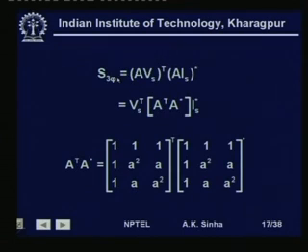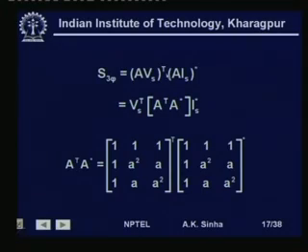Now, if we write this in terms of symmetrical component, then V p is equal to A into V s. So, it is A into V s transpose, and I p is A into I s. So, it is A into I s conjugate.